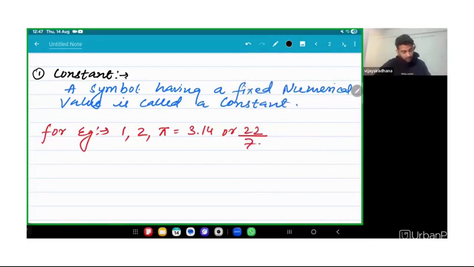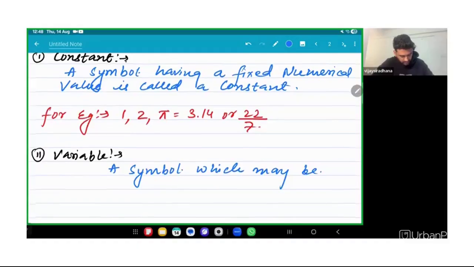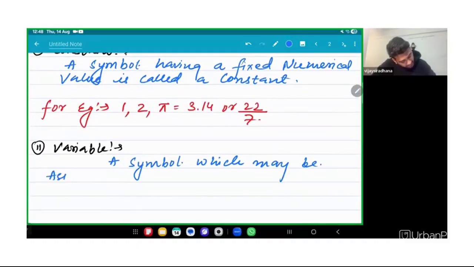Then what about the variable? A variable is a symbol which may be assigned different values.